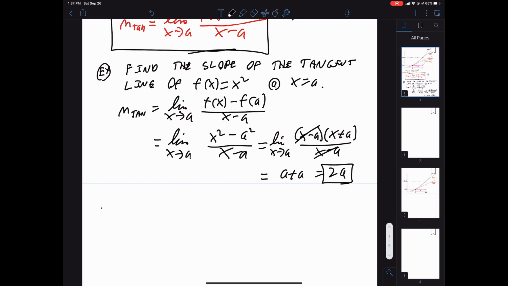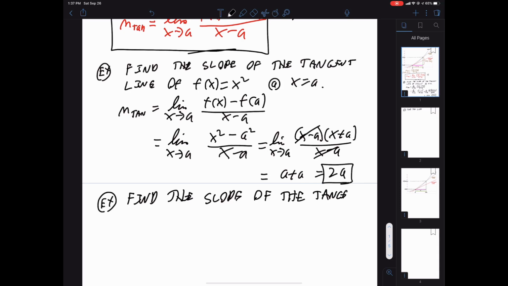So now we're going to do the same thing, but instead of at a, we're going to find the slope at a specific point, not just a general point a. And it's the same formula, it's just a little bit different. You have a number instead of a variable. Some of you might like this better because you like numbers better than variables.